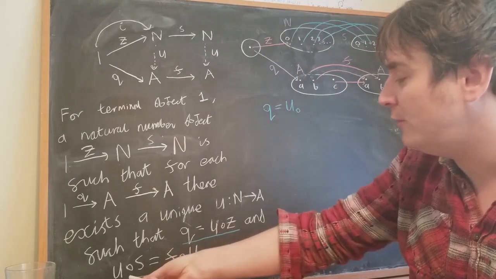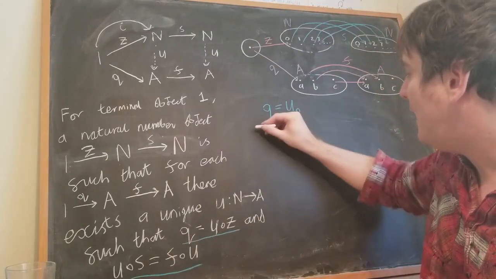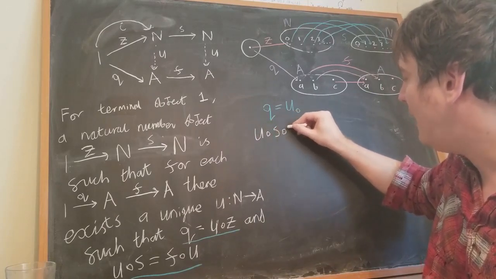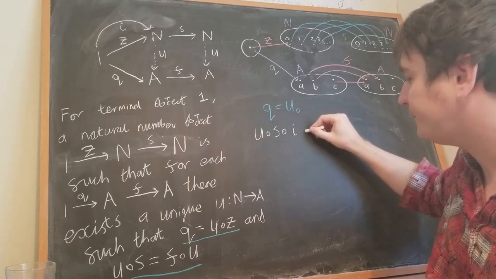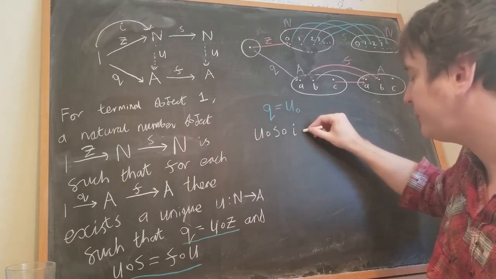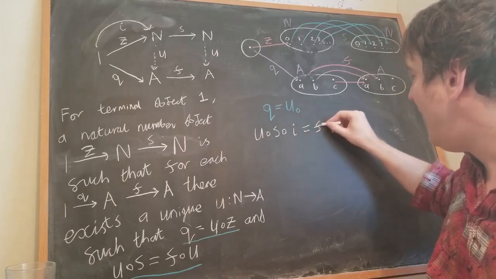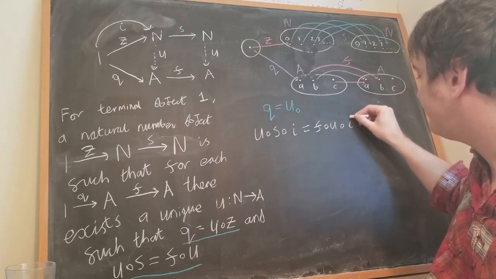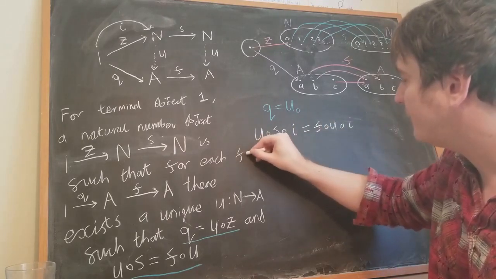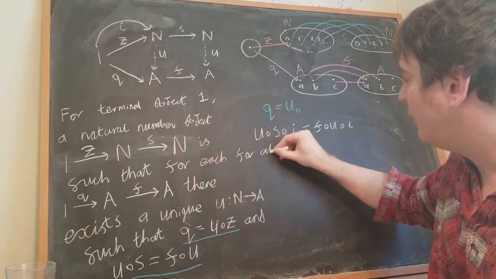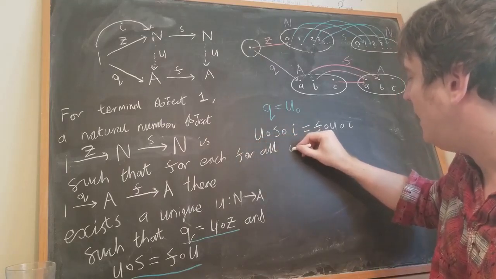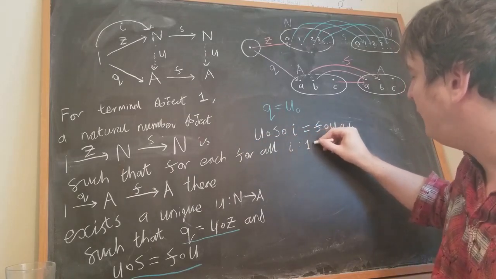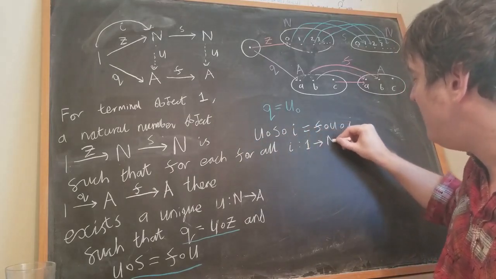So we can write this condition as u after s after I equals f after u after I, for all I from the terminal object into n.